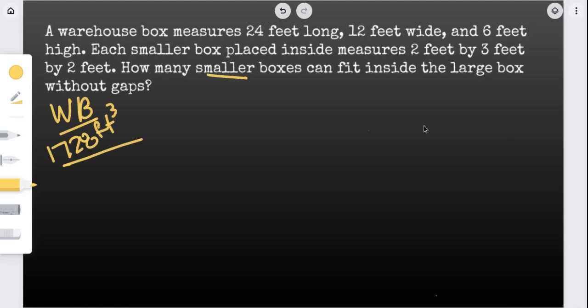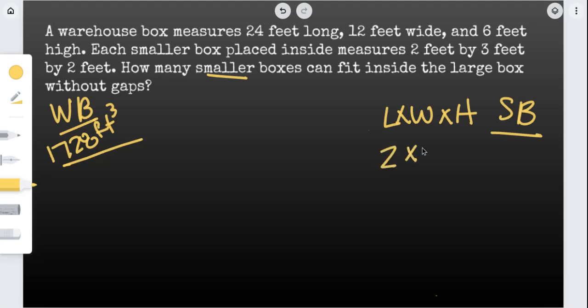Now it's time to find the volume of the small box. So I'm going to say small box, length times width times height. It's 2 feet by 3 feet by 2 feet. Now, is this a cube? The last question we answered, we had a cube. Is this a cube?